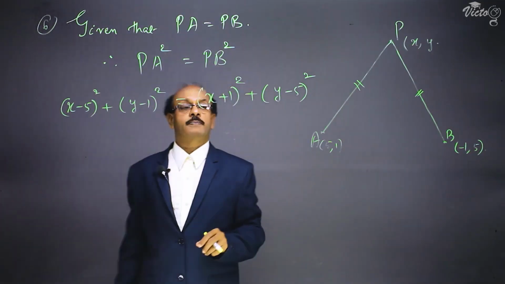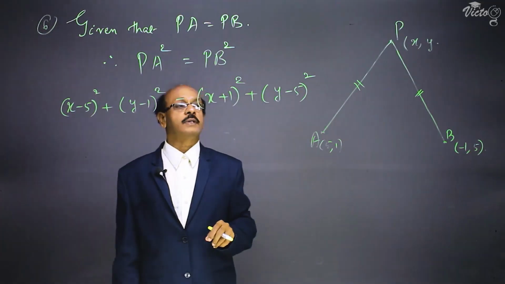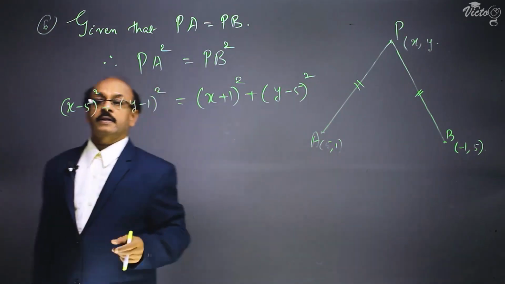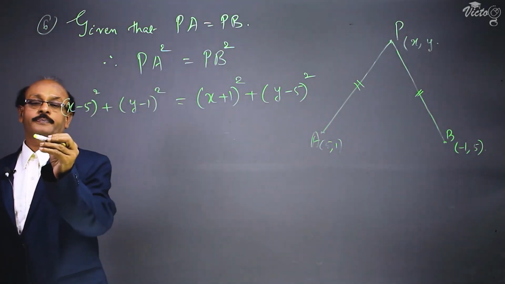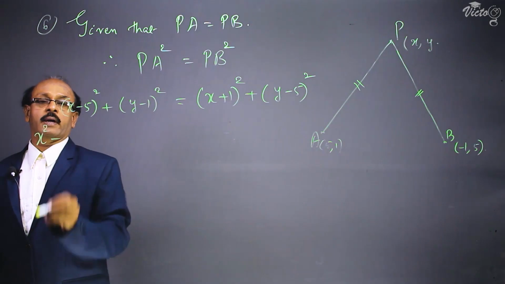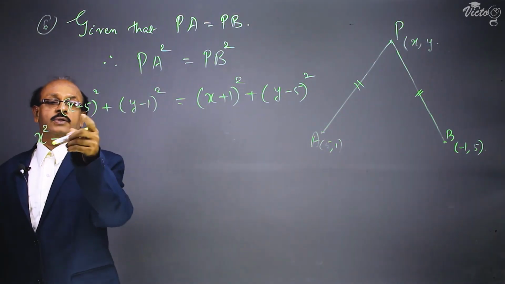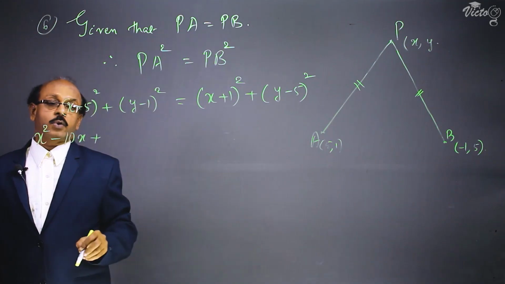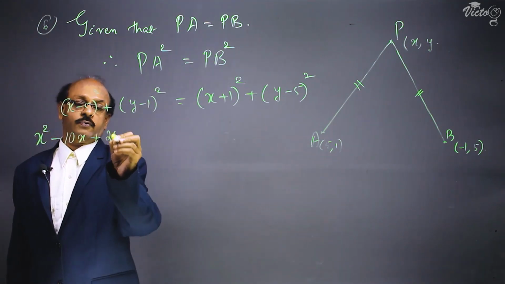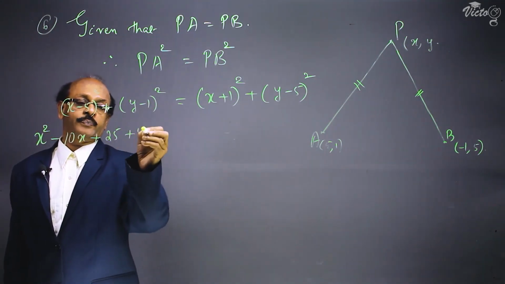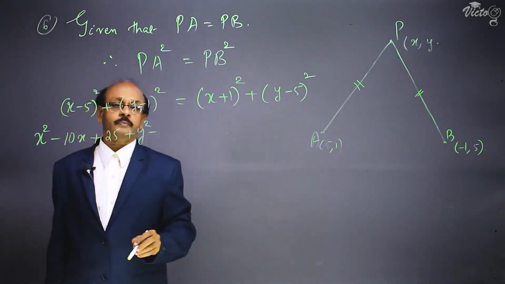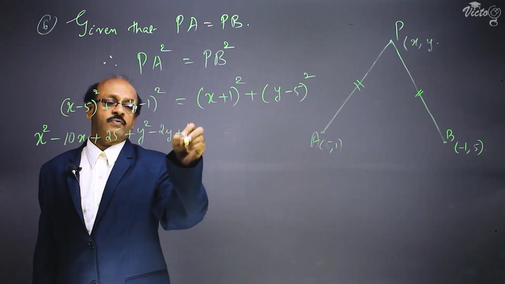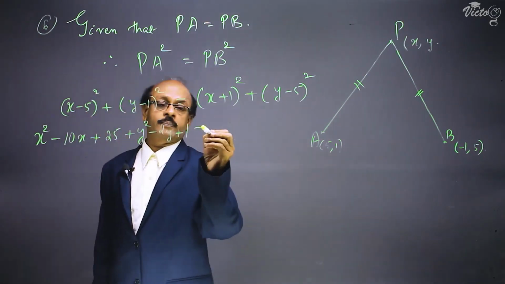Now we have to expand each bracket using the identity (a minus b) the whole square. Therefore, (x minus 5) the whole square is equal to x square minus 2 into x into 5, which is 10x, plus square of 5, which is 25. Here also y square minus 2 into y into 1, which is 2y, plus 1 square, which is 1.